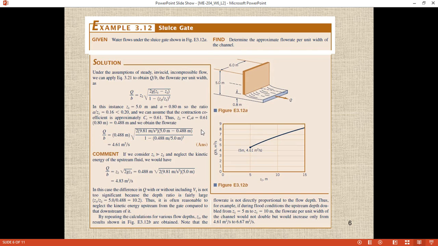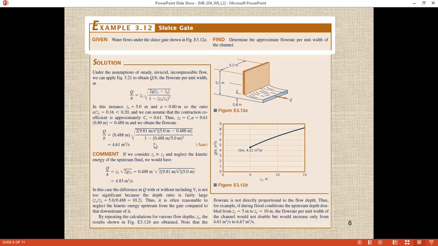Sorry, this is Z1 up to here, this is A, and this is Z2, because the height of this and the thickness of this are different. So this is Z2, this is A, this is B, and this is Z1. So you insert all the values here.